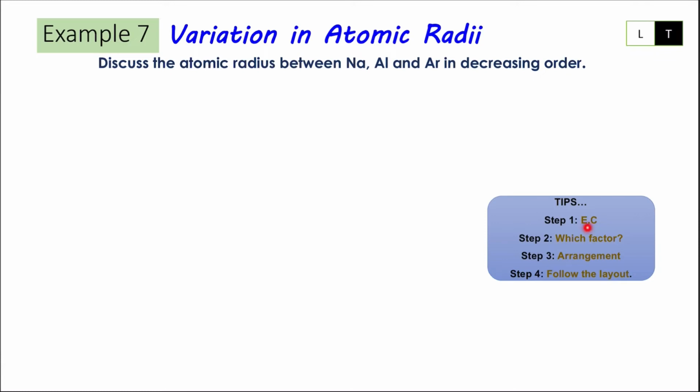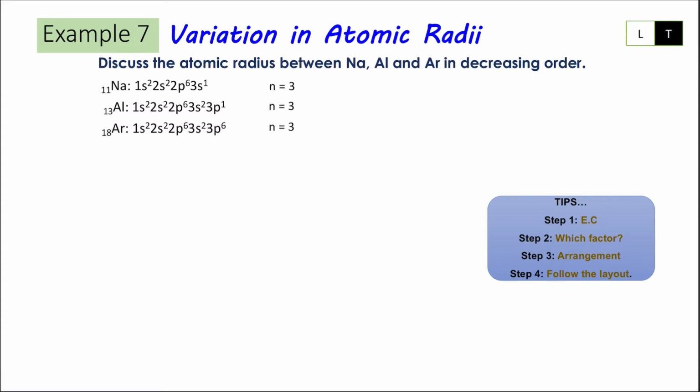So let's answer this question. Step 1, you have to write the EC first based on each element. So I got for sodium, aluminium and argon. After that, I'm going to determine which factor. Remember, in order for us to determine which factor, we need to determine the highest n value first. So you got n equals to 3 for sodium, aluminium and argon.